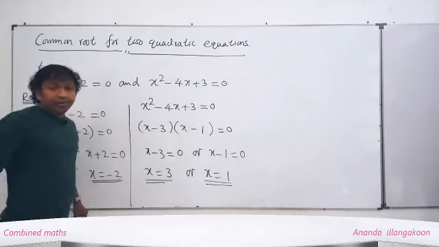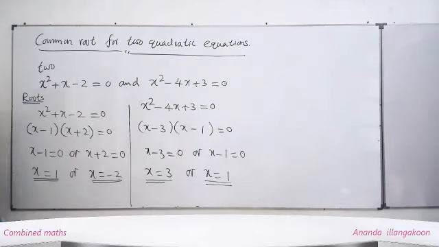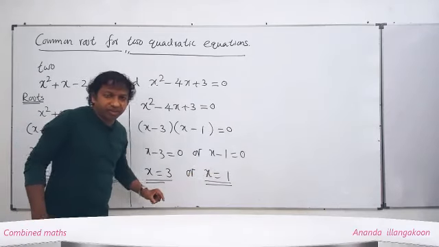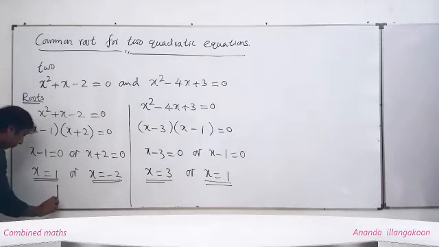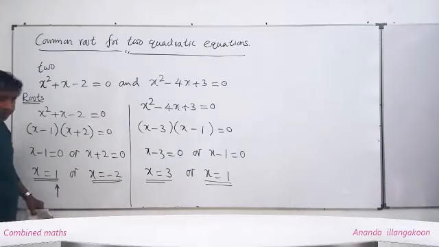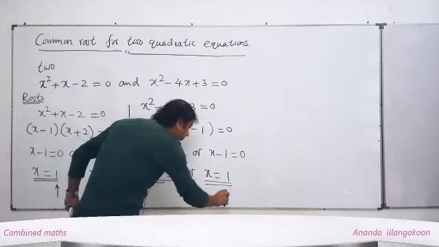Right, people, now what do we have in hand? We have two quadratic equations, this and this. The roots of this one are 1 and minus 2. The roots of this one are 3 and 1. Among these roots, you can see the root 1.